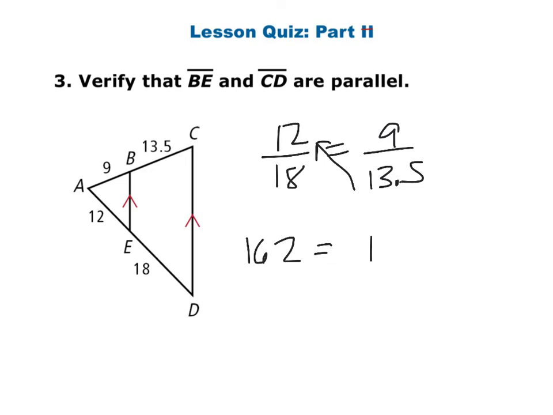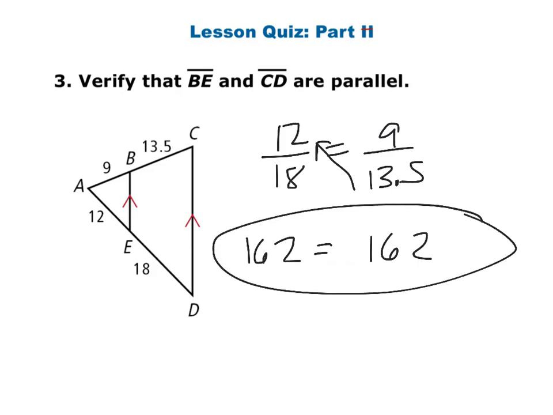Same thing, 162. So are BE and CD parallel? Yes. This is our work that verifies that they're parallel because they have the same proportion. All right, so this was 7.4.